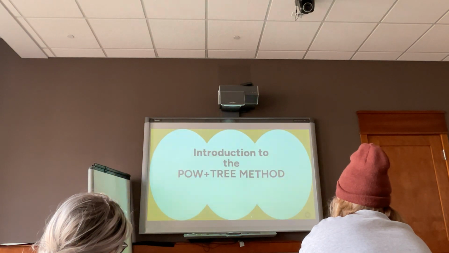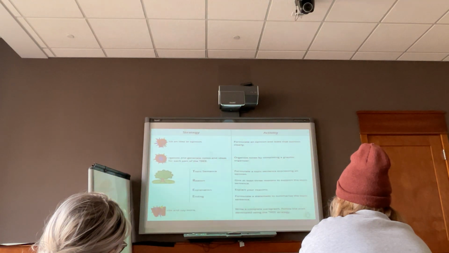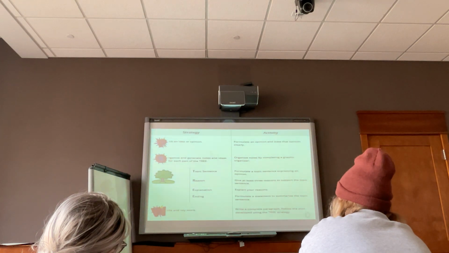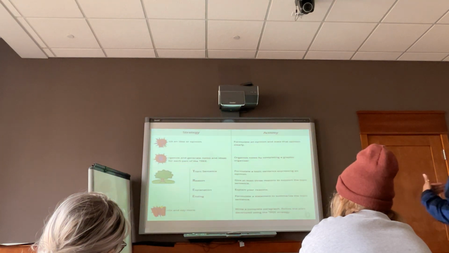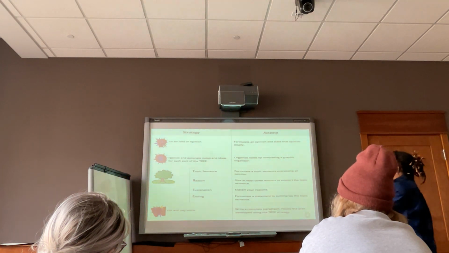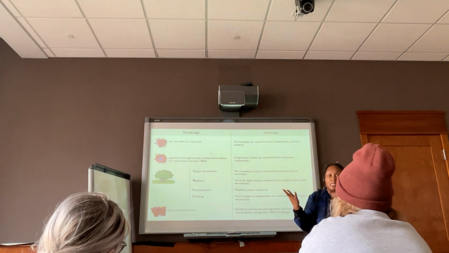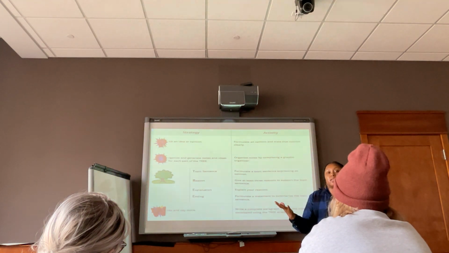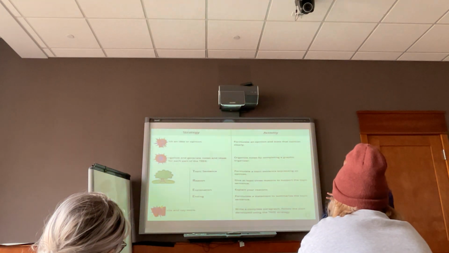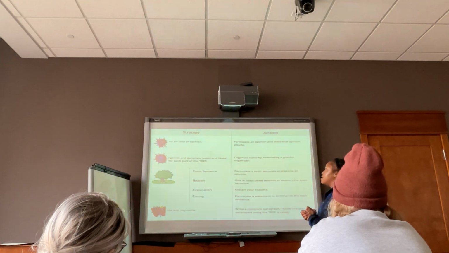Okay, so the introduction of the POW+ tree. The P is you picking an idea or an opinion. So when we are reading an article or a statement, we are going to pick an opinion about where we stand in regards to that article or statement.